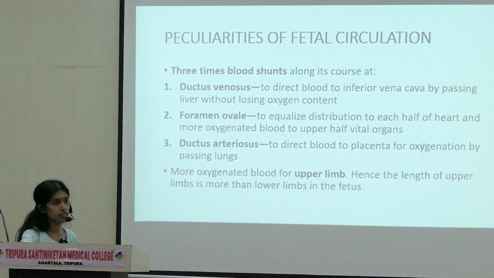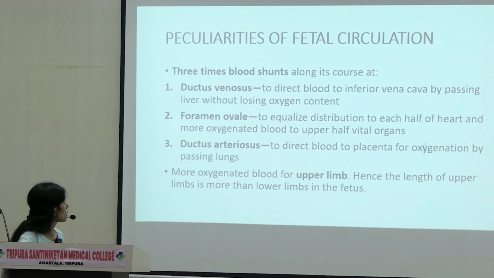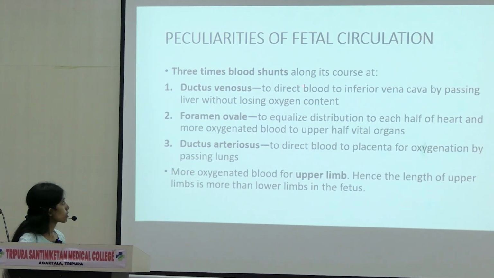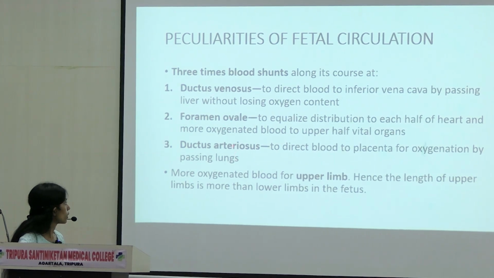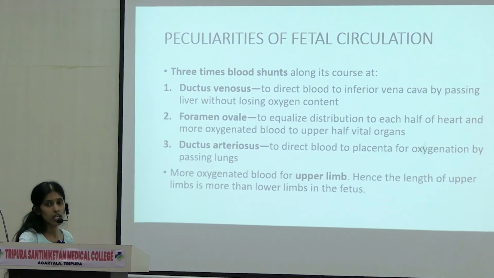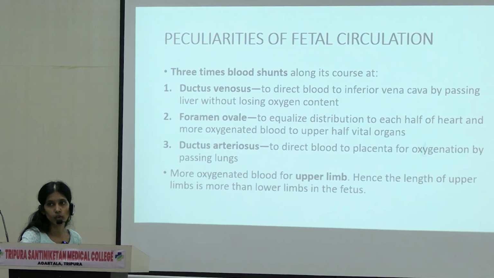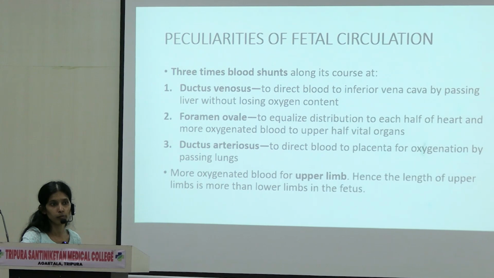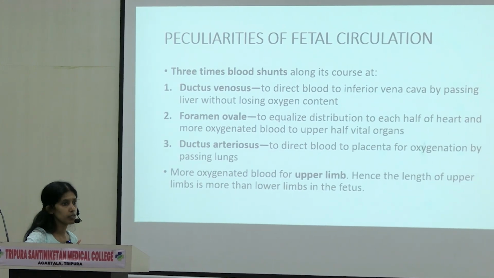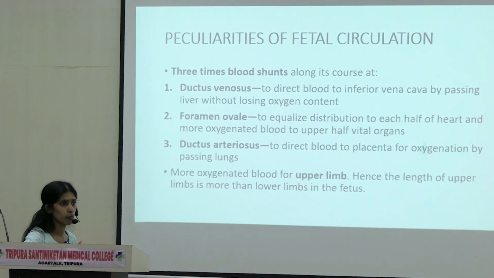Peculiarities of the fetal circulation. Blood shunts 3 times along its course, at the ductus venosus, foramen ovale and ductus arteriosus. Remember, ductus venosus, foramen ovale and ductus arteriosus are very important points in the MCQs and also for the clinical problems.